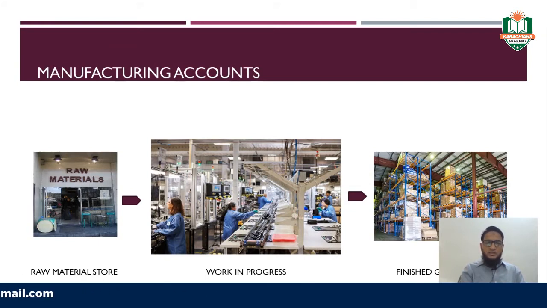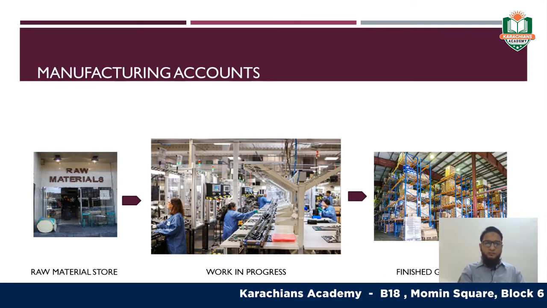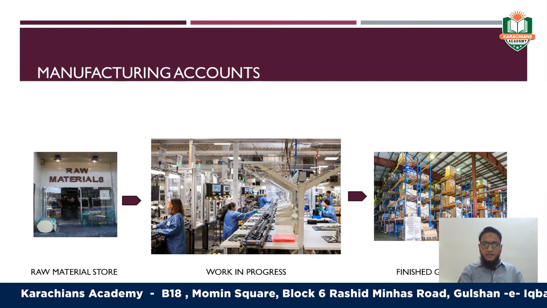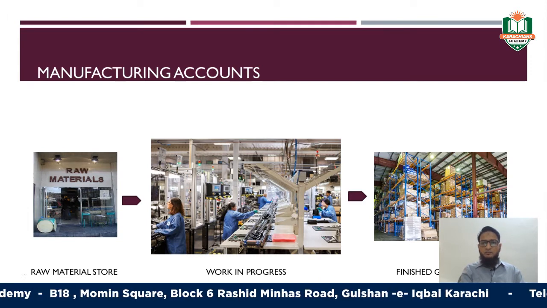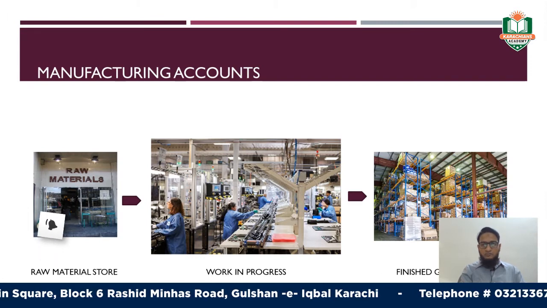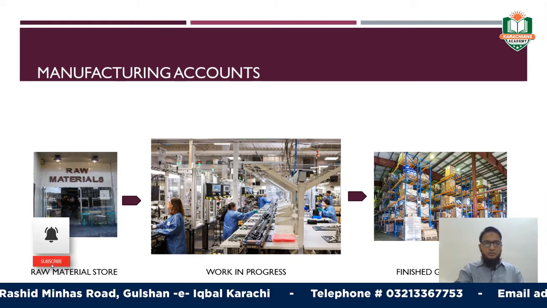Therefore, these partially completed products live in the factory as work in progress, right? It means these are products on which further work has to be done. When these are completed, they will also be shifted to the finished goods warehouse. This is all about it.